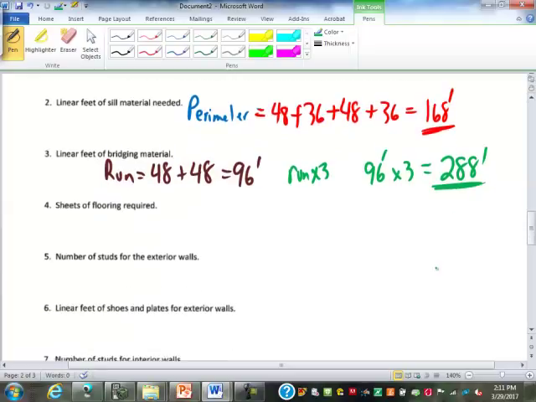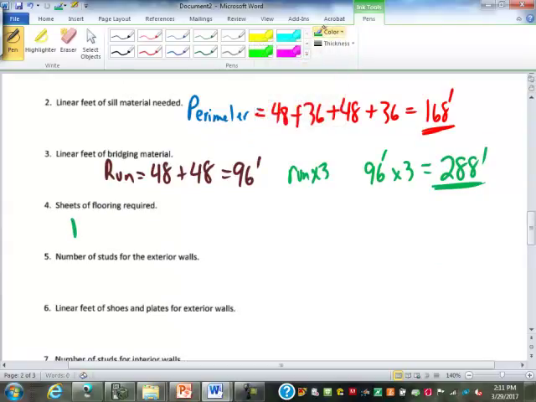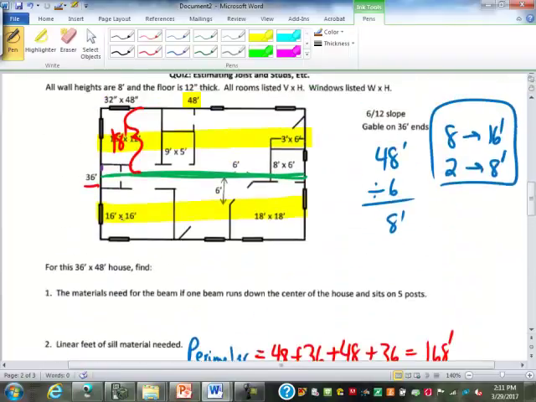Sheets of flooring required. Anybody remember how to do sheets of flooring? We start out by finding the floor area. How would we find the floor area for this?